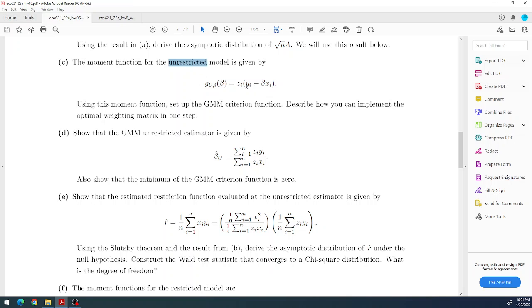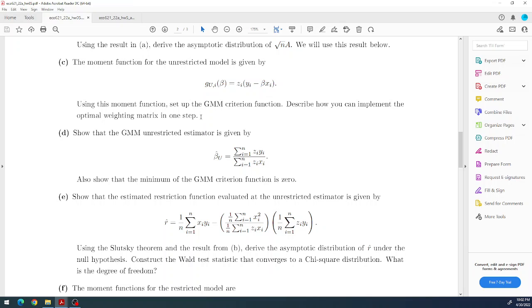So we have an instrument, and how you implement this. Simply speaking, we have one exogenous variable, so one equation, one moment condition, and one parameter. So one moment condition, one parameter. It's exactly identified, so you don't need any weighting matrix at all.